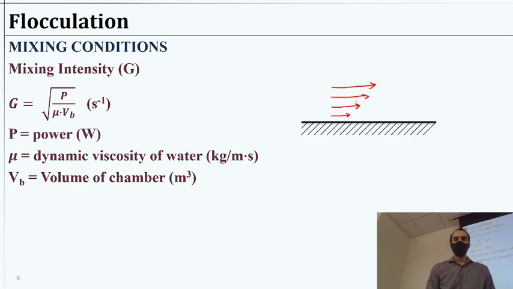You can also imagine this effect on a paddle wheel or a propeller, mixing propeller, something like that. So then we can draw a line for this gradient. See if I can draw a better line. So this gradient line then, the slope of that is what we call G. So that's our mixing intensity.